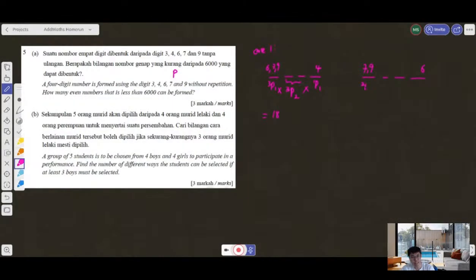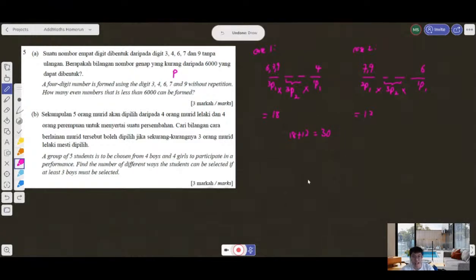So 2P1, here 1P1. Then how many digits are left? 3. You pick 2. So you times it. This is case 2. So you get 12. So in this case, you add them together, 18 plus 12, you are getting 30.